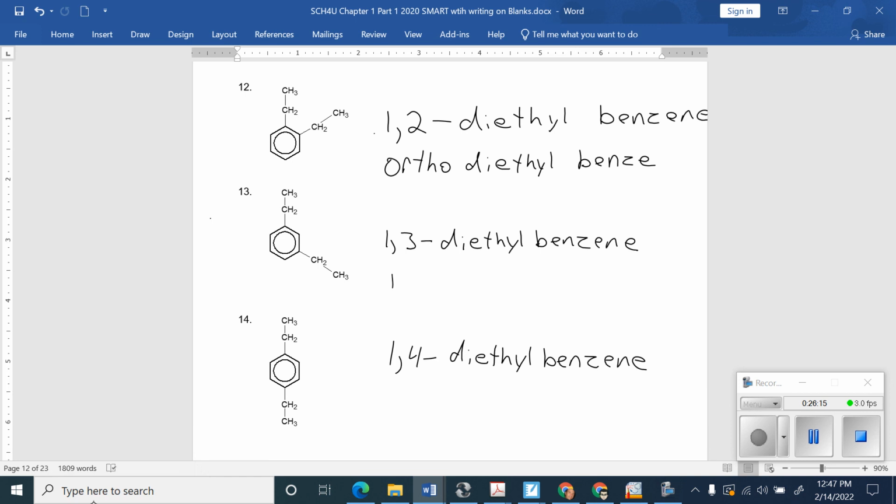Para-diethylbenzene. And meta, formerly known as Facebook.